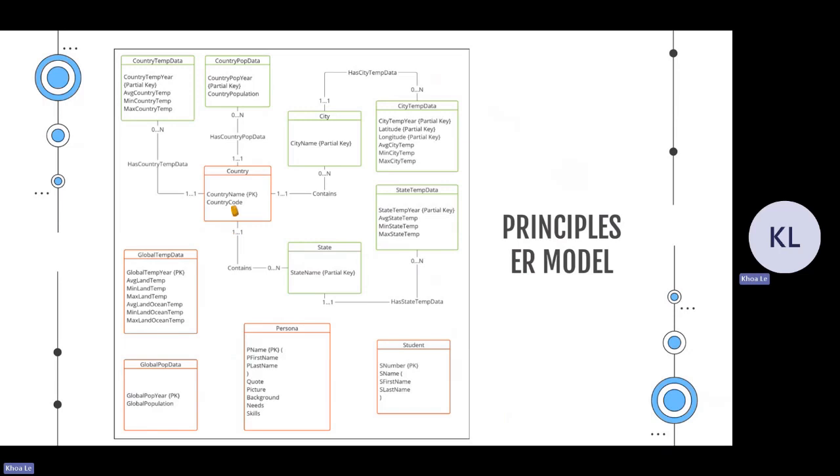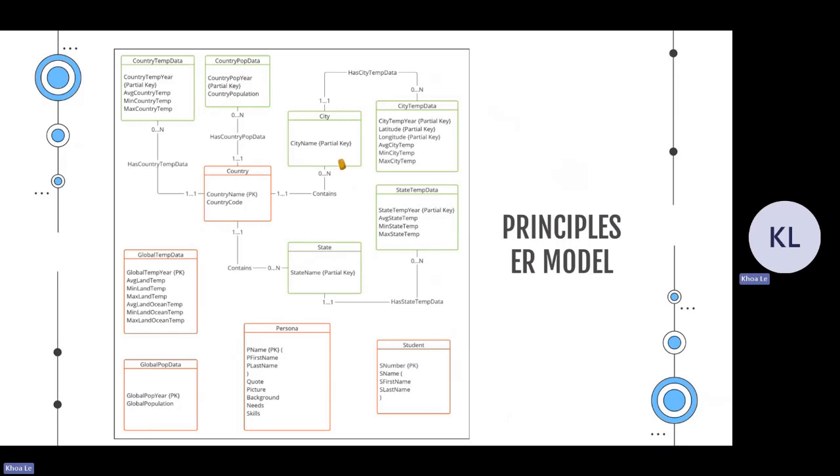Then going over to country, it simply contains the name as well as the code for all the countries that are available in the original data source. And country temp data and country pop data, similarly to the global versions, the temp data table is to contain information about temperature data, and pop data is for population data.